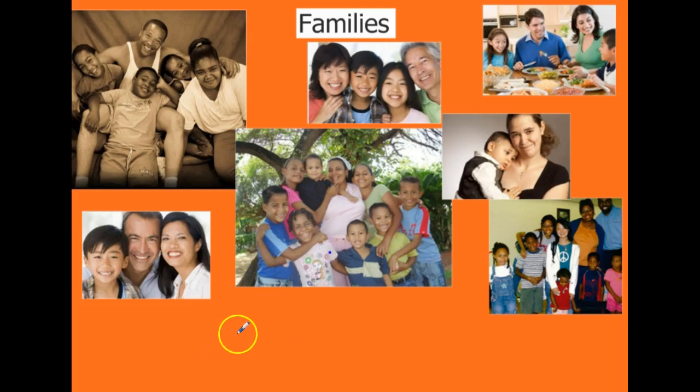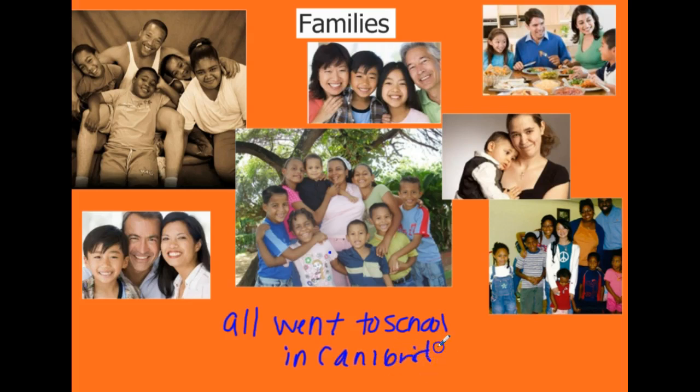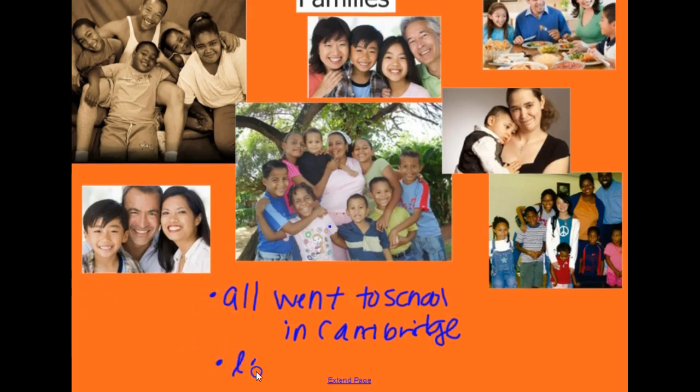For me, some of the things I have in common with my family are that we all went to school in Cambridge. A couple other things that we have in common is that we love pizza.